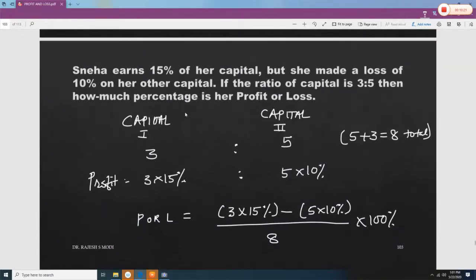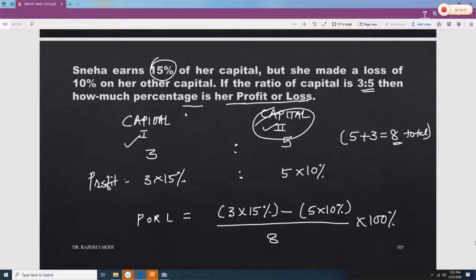Sneha earns 15% on one capital, but she made a loss of 10% on her other capital. If the ratio of the capitals is 3:5, then how much percentage did she earn overall? So capital 1 and capital 2 are in the ratio 3:5. So total will be 8. She earned 15% profit on her first capital and lost 10% on her second capital.